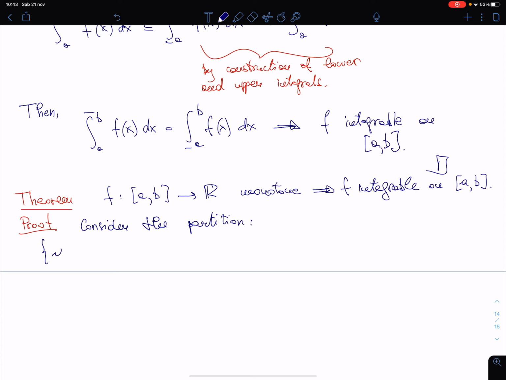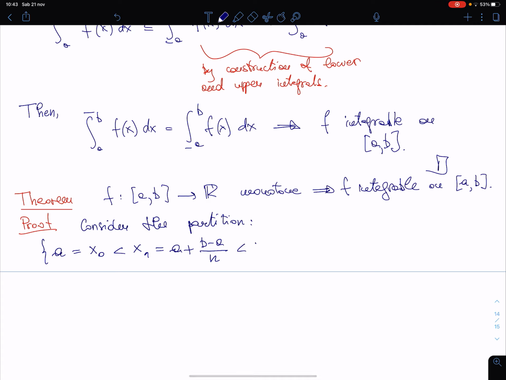A equal to x naught less than x1 equal to a plus b minus a, the size of the interval, divided by the number of intervals n in which the partition is made.